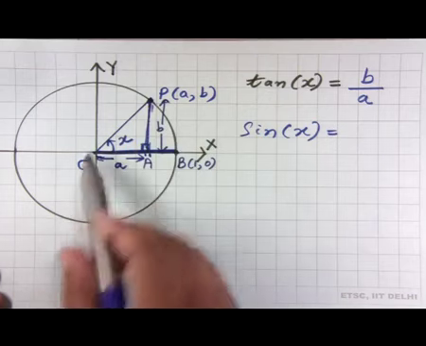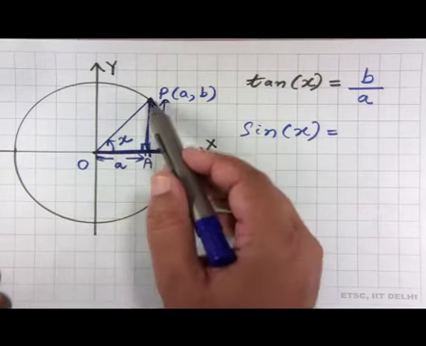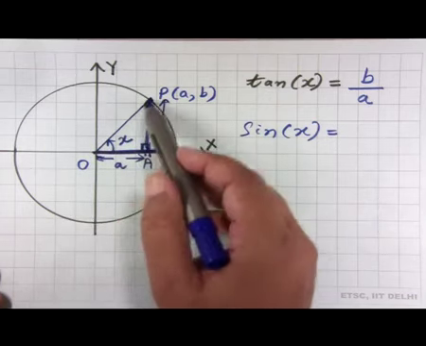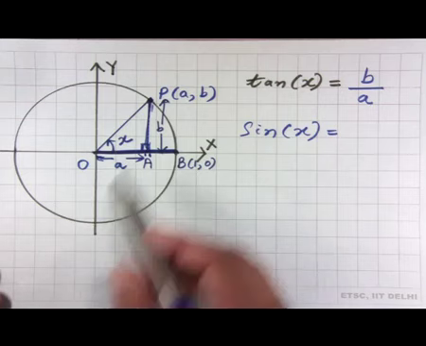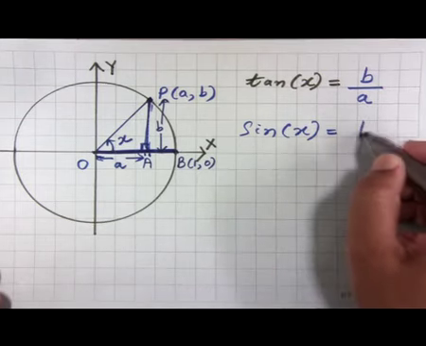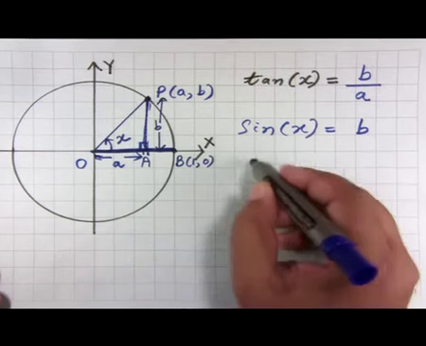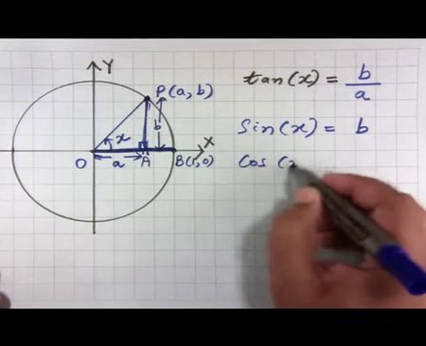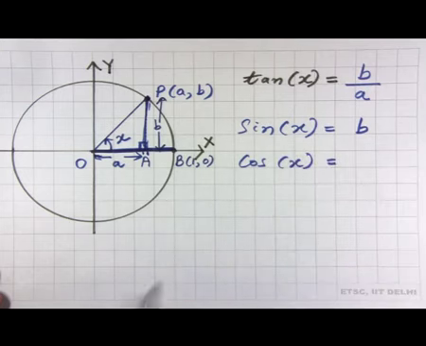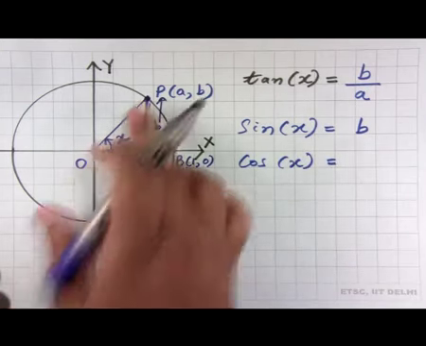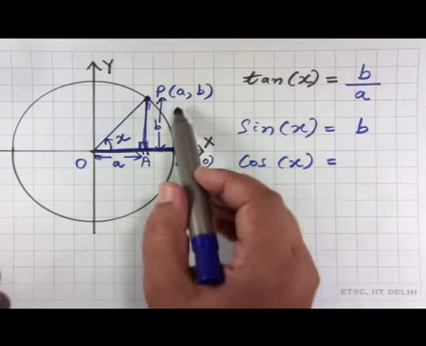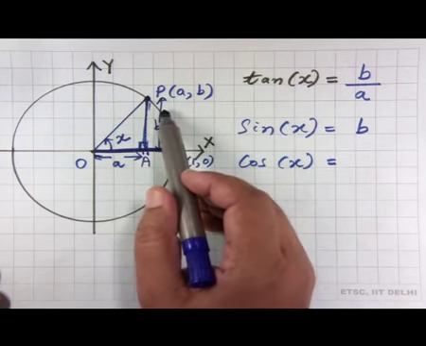But since this is a unit circle, the hypotenuse is a radius of unit length, and therefore sine x was simply equal to the y coordinate of this point P, and cosine of x was equal to the length of the adjacent side of this right angle triangle, which is nothing but the x coordinate of this point P, which is a.